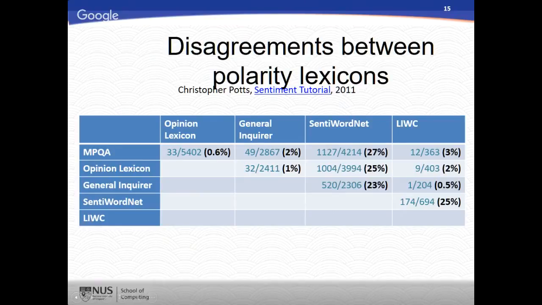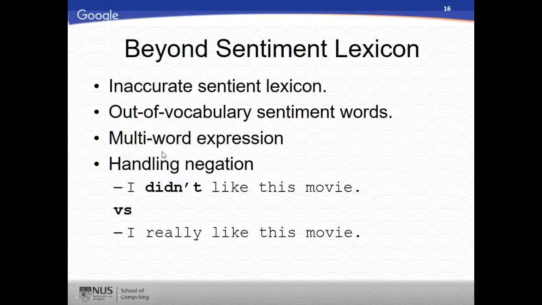So this indicates sentiment analysis is a very subjective task. There is no clear cut. That's why sentiment analysis is difficult. But the good news is the disagreement is not so huge. So the agreement part is a basis for computational sentiment analysis.